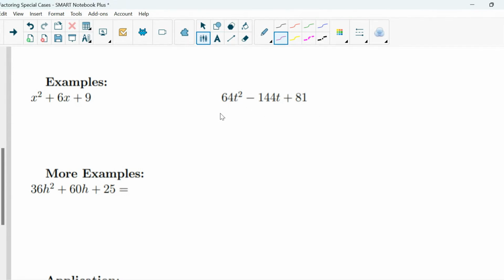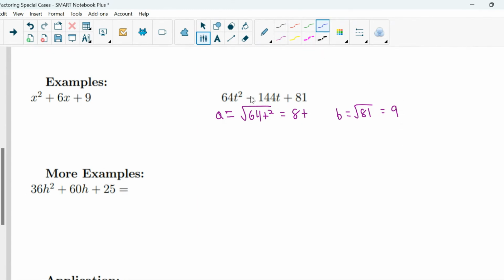So I'm going to figure out my a value by taking the square root of my first term, which is 64t squared. The square root of 64 is 8, and the square root of t squared is just t. And for my b value, I'm taking the square root of my last term, so the square root of 81, which is just 9.